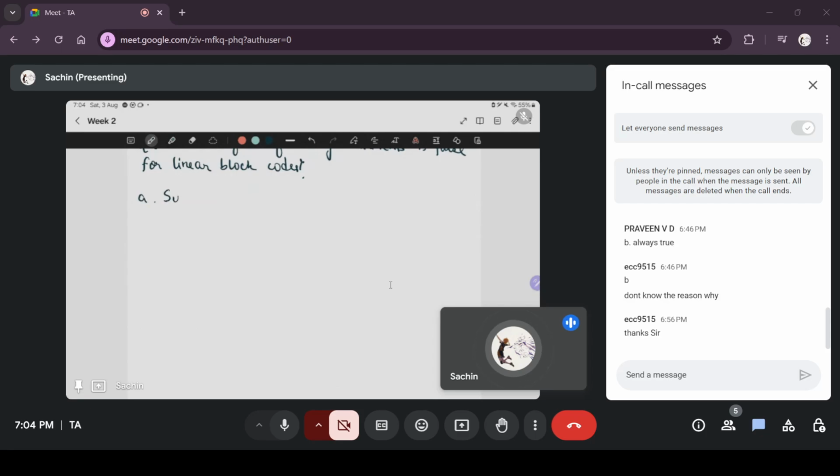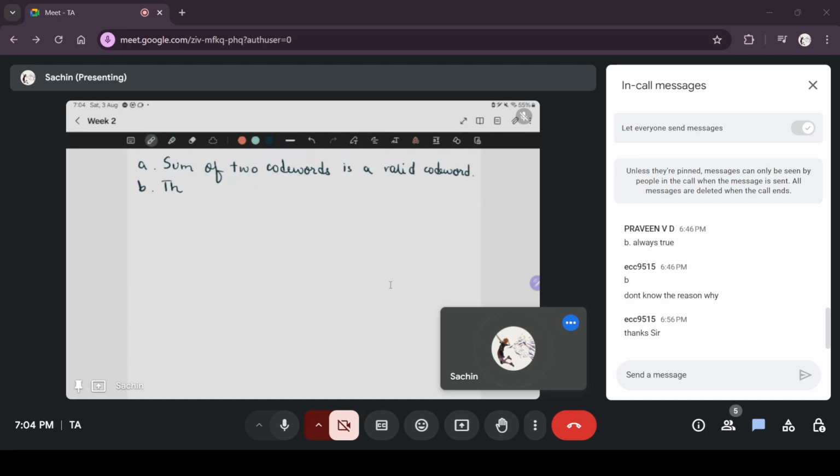First statement is sum of two code words is a valid code word. That is a true statement.